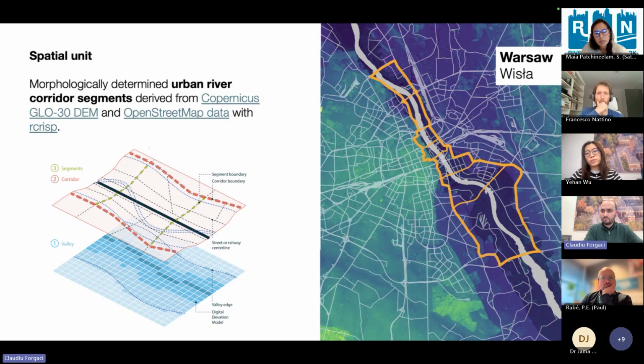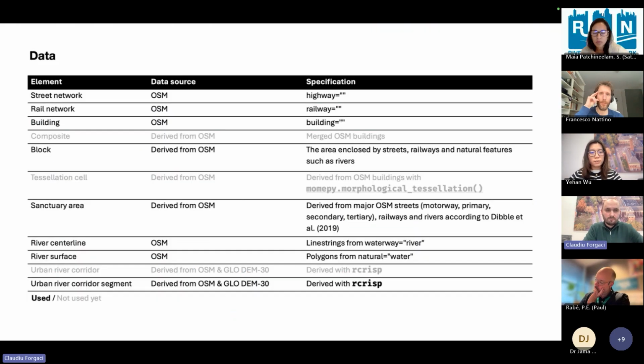So here in Warsaw, for example, the river was divided into 7 segments in the city, and we have this across many cities in Europe. And what I was doing next is I want to see what are the morphologies inside those river spaces. We want to generalize into different types.